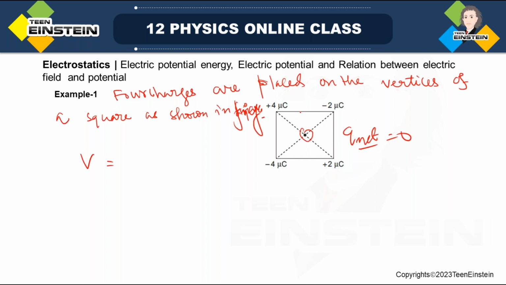If I calculate due to this, positive 8 microcoulomb, and minus 4 microcoulomb by some distance, say this is AO.